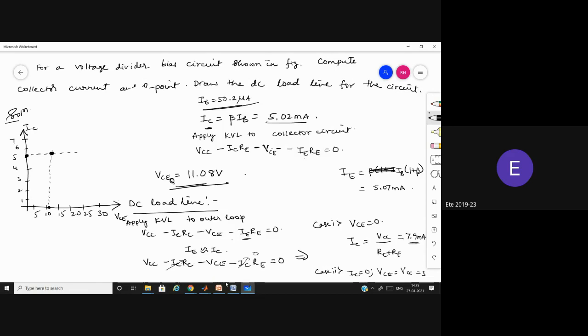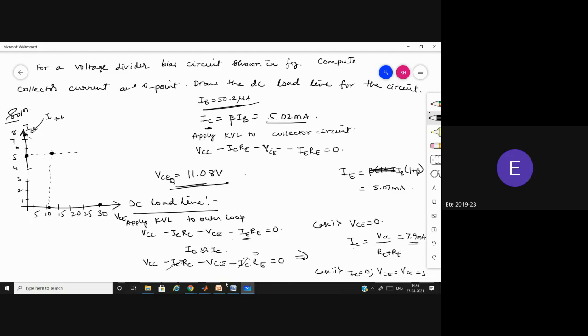Now, for IC 7.9 milliamps, we need to take one more point at 8, because it is almost near 8. That is the maximum saturation current, known as IC saturation. And our VCE is 30 here.